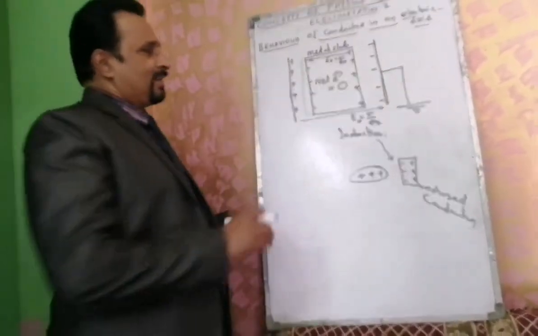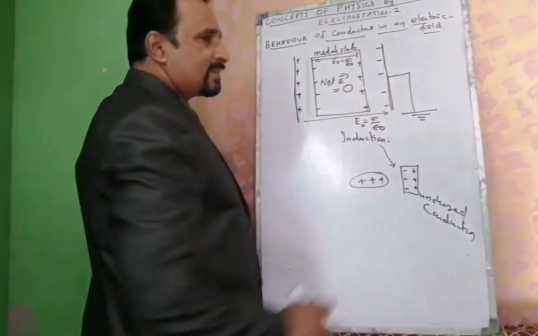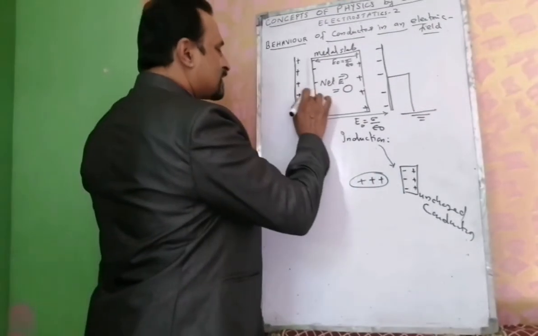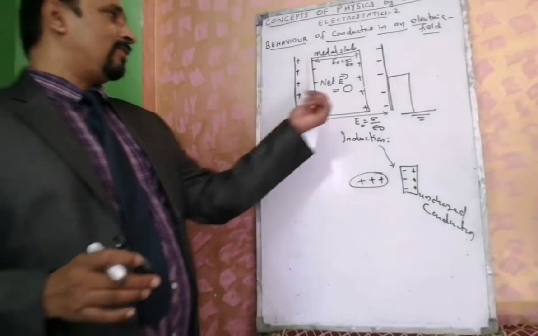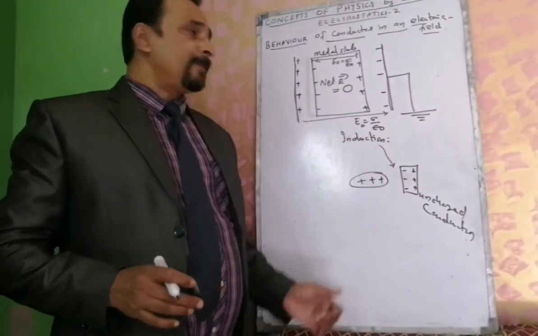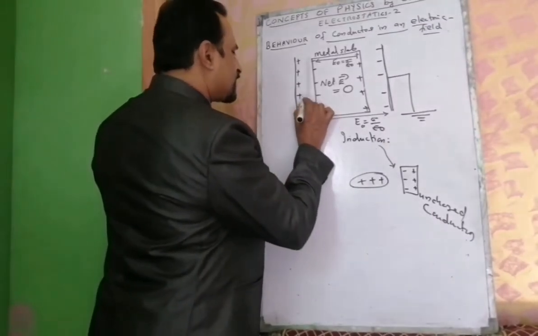Now see this diagram on the side. You can see that there is some empty space on the left side as well as on the right side. How much electric field is in this gap? Is it 0? It's not 0. The electric field in this gap is your applied electric field E naught itself.